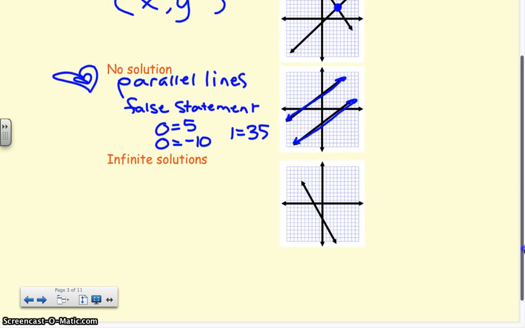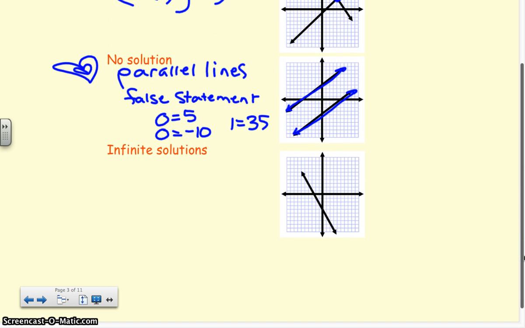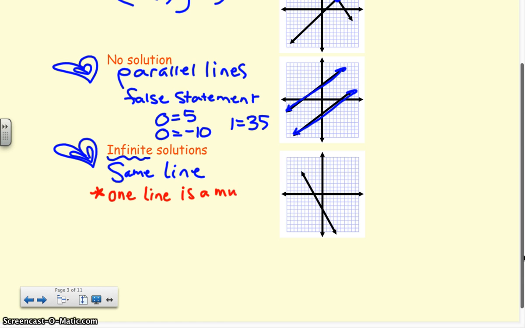An infinite solution, what it really means, again, keeping in mind that a system of equations means when we solve, where do they intersect? Well, if I say that they intersect for infinity, they always intersect, that means they are the same line. And when I say same line, what we really realize is one line is a multiple of the other.